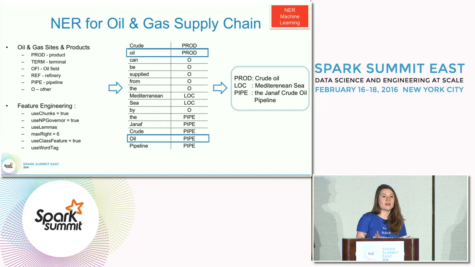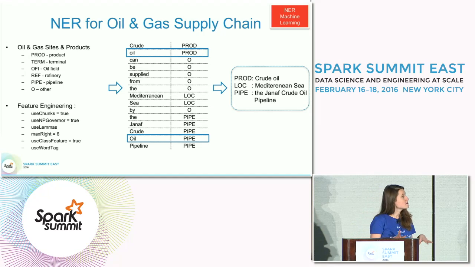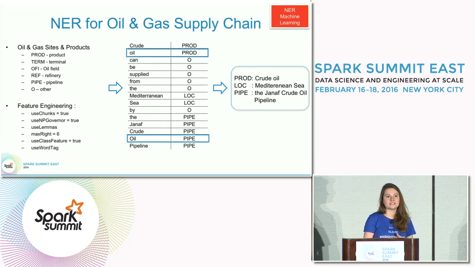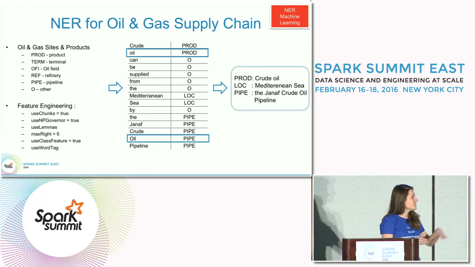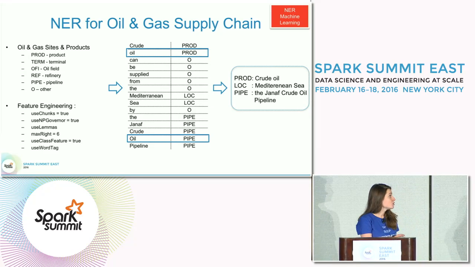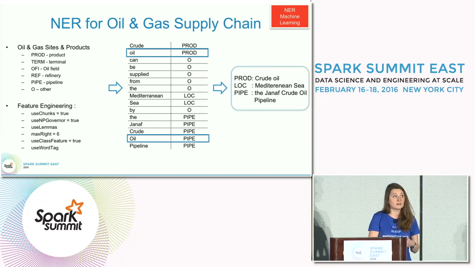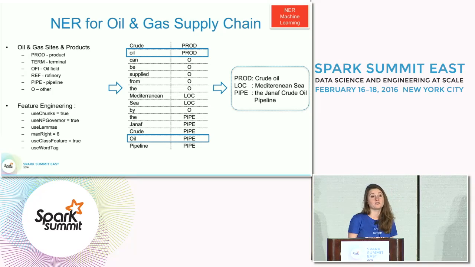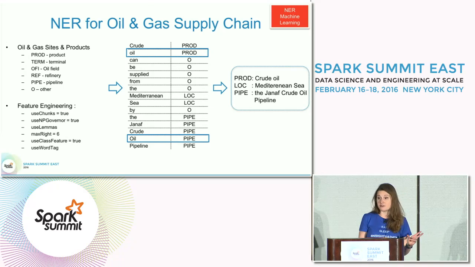So in order to make that work, we need to perform specific feature engineering and also select a model that can do that. As you can see, we have put on the slide several features that turned out to be very important in achieving this result. This is not the entire list of the features, but the prominent features are the noun phrase governor.